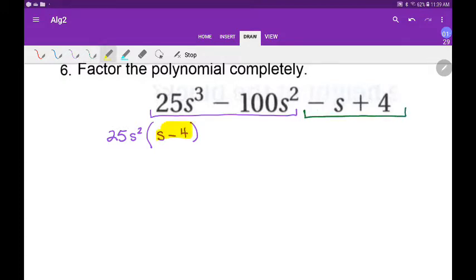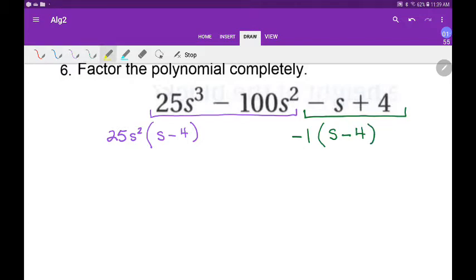Okay? And then for this part over here, you see that I've got this S minus 4, and I'm going to try to make that happen over on this green part. So I'm going to factor out a negative. If you want me to say -1, I'll say -1. And that leaves a positive S behind, and it changes the sign when I factor out a -1 from the positive 4.